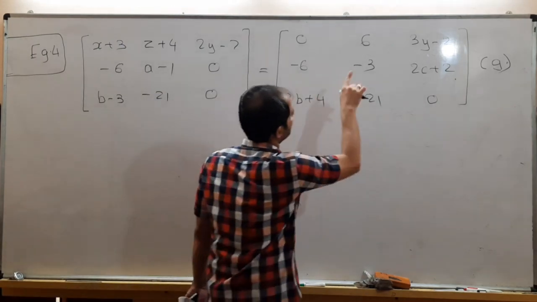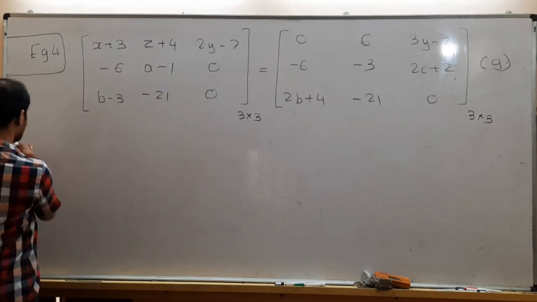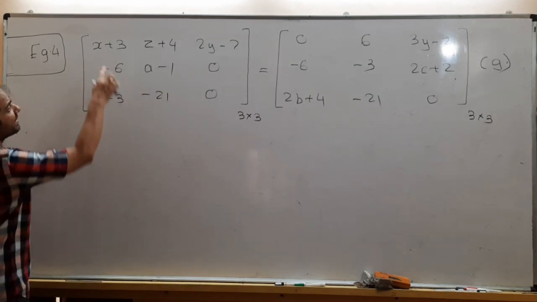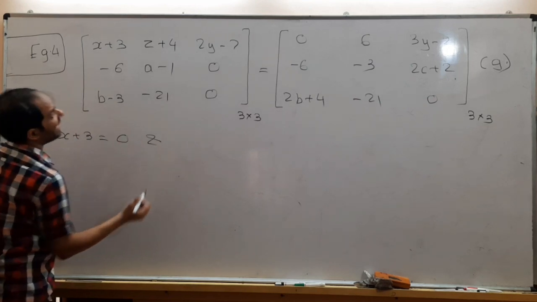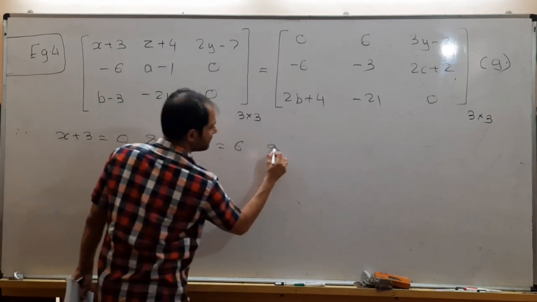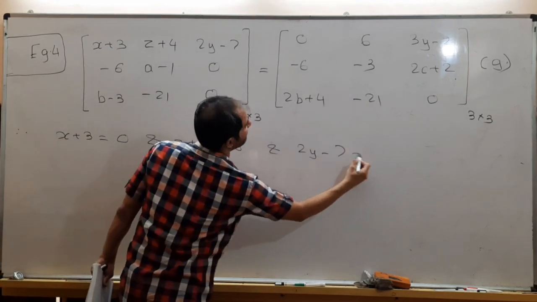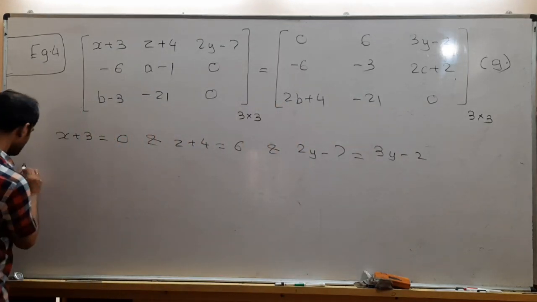And this is also 3 rows, 3 columns, so a 3 cross 3 matrix. So two matrices are equal. So can I say respective elements will be equal? So x plus 3 will be equal to 0 and z plus 4 will be equal to 6 and 2y minus 7 will be equal to 3y minus 2 also.